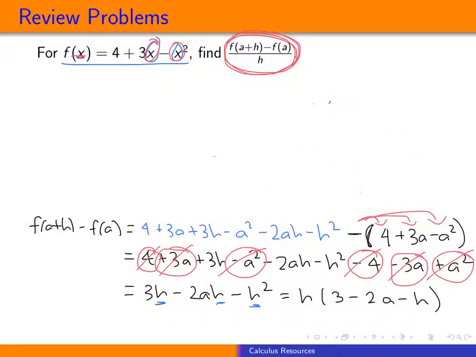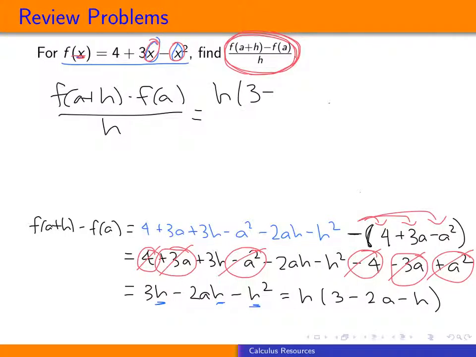Now that that stuff is gone, we'll look at this, and so we're going to take f of a plus h minus f of a all over h. So we have that expression, that h times 3 minus 2a minus h, and that's all over an h. Well, this is fantastic because there's further simplification that we can do.